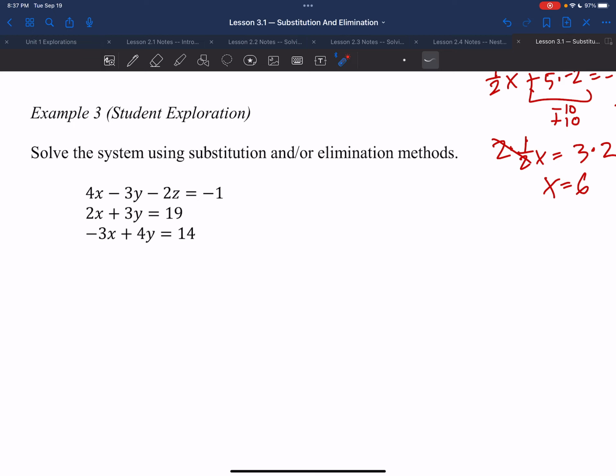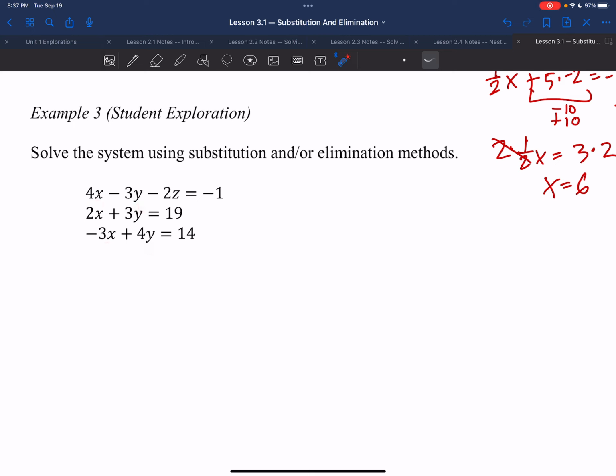Let us continue. Solve the system using substitution and or elimination methods. So you'll notice here that I now have 3 equations. And in the first line, I have 1, 2, 3 variables. In the second and third lines, I have x and y, x and y. That's actually very good.